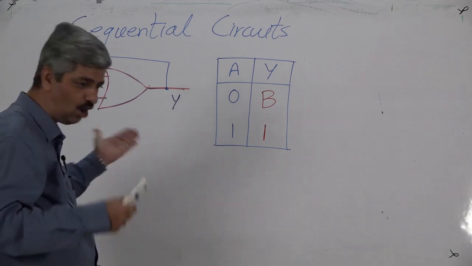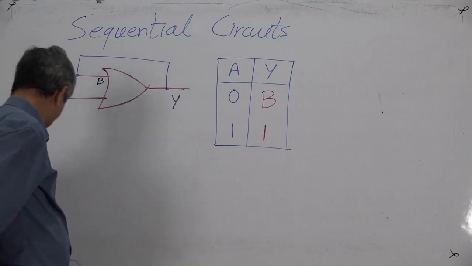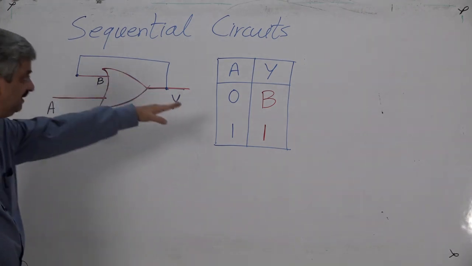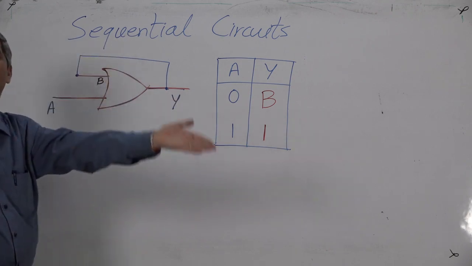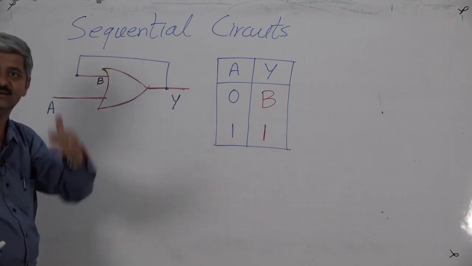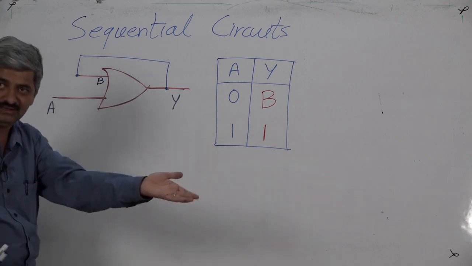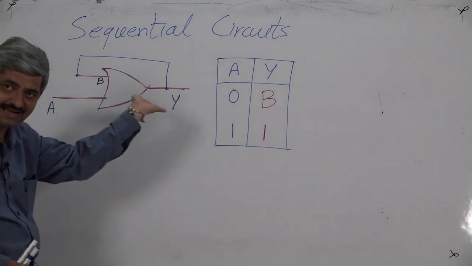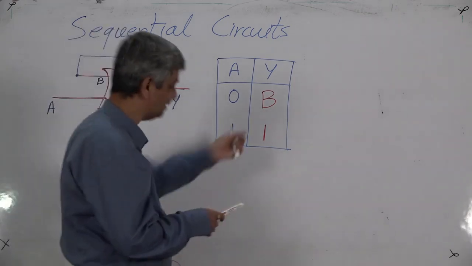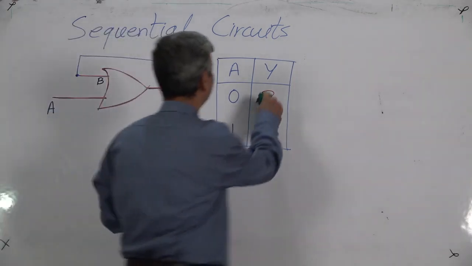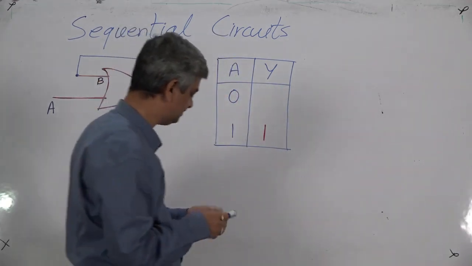Due to the gate, when A is 0, Y is B. But due to direct feedback, B equals Y. Due to the gate at A equal to 0, Y is equal to B, and because of direct feedback, the direct reverse connection, B is Y. So you will rub out this B and write it as Y.